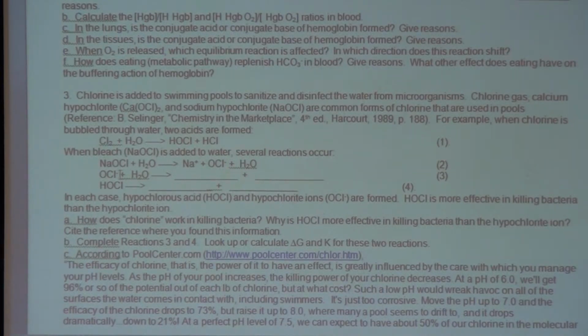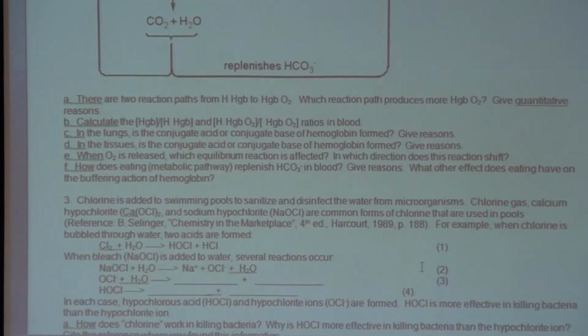OCl minus: if HOCl is an acid, OCl minus is a base. What type of reaction is this when you have a base reacting with water? That's the base hydrolysis reaction. And what's the equilibrium constant called for reaction 3? Yes, KB, and for reaction 4, that's KA.